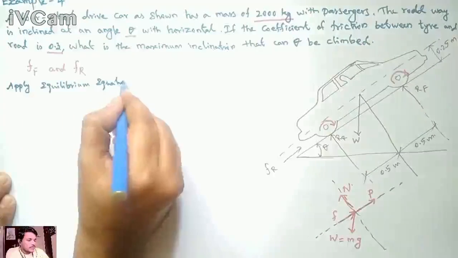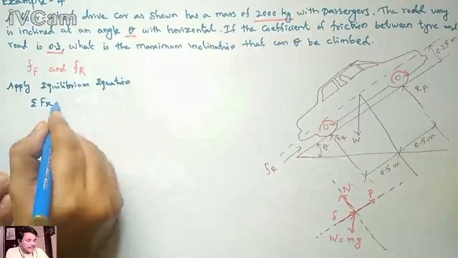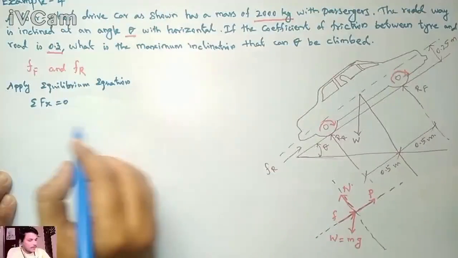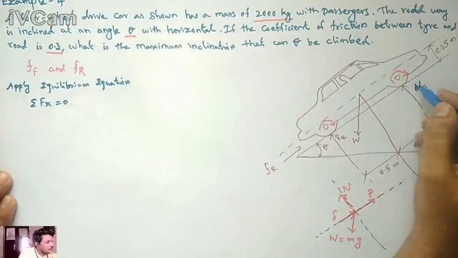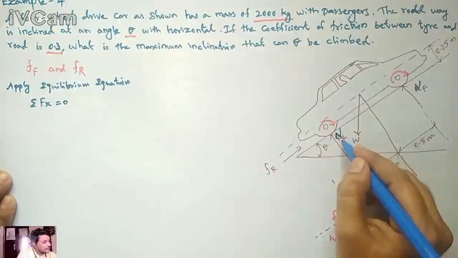First, summation of Fx is equal to 0. Here there is frictional resistance. This is NF, the normal force at the front wheel, and this is NR, the normal force at the rear wheel.